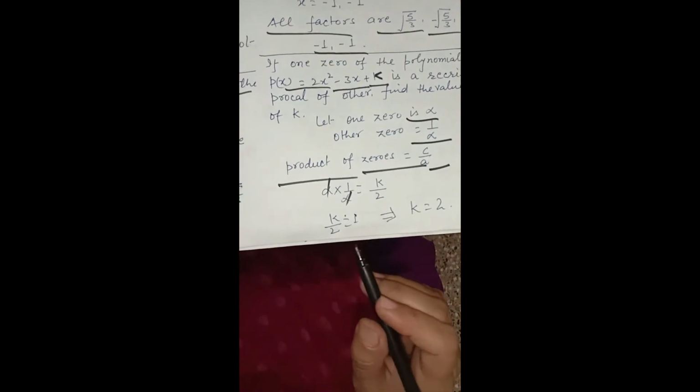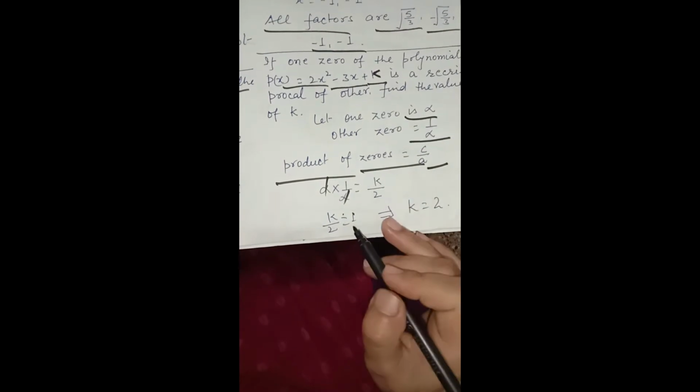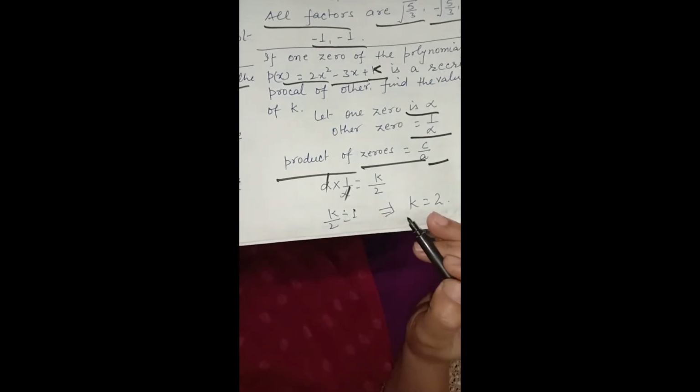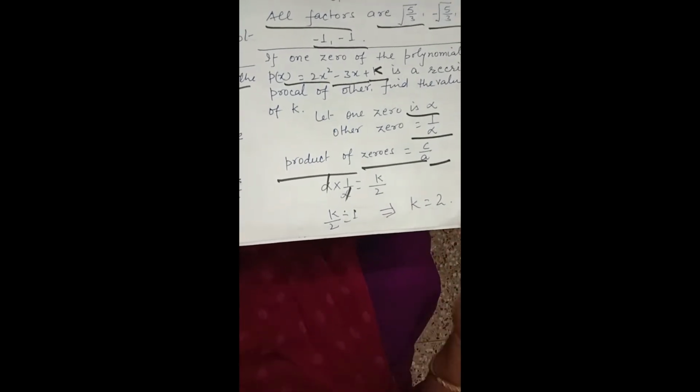Alpha and alpha will cancel each other. We'll get k upon 2 equals 1, or it will give the value of k as 2. So in this way we'll apply the relation between the zeros and the coefficients to find the value of some unknown numbers given in any polynomial.